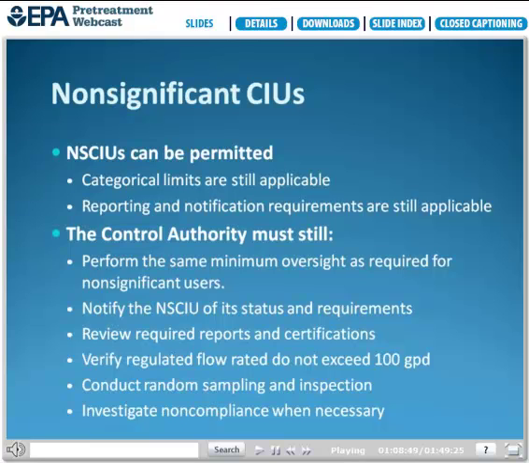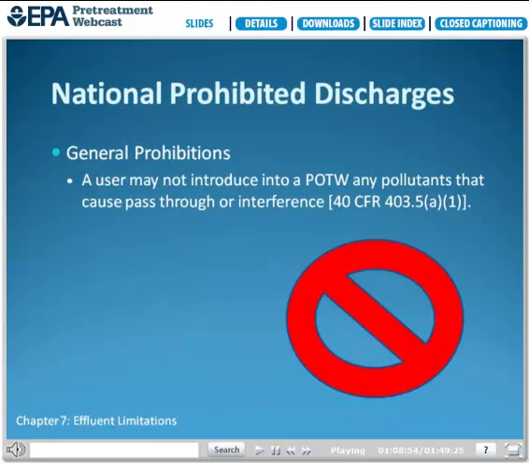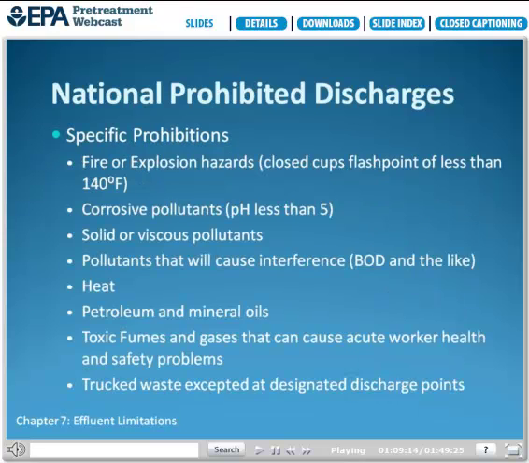National prohibited discharges are identified in 403.5(a)(1). A user may not introduce into a POTW any pollutants that cause pass-through or interference. The specific prohibitions also further define what a user cannot discharge. And also, this would include users that aren't under a pretreatment program.